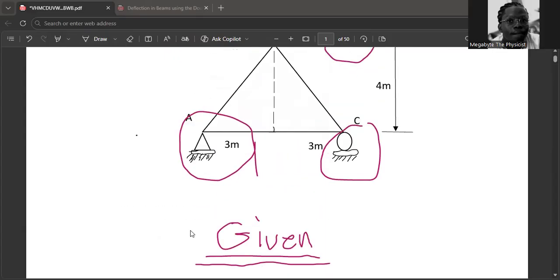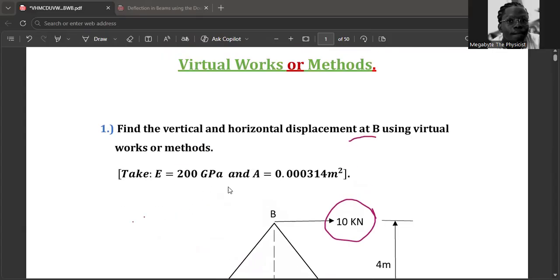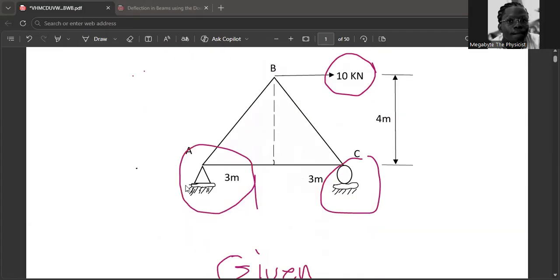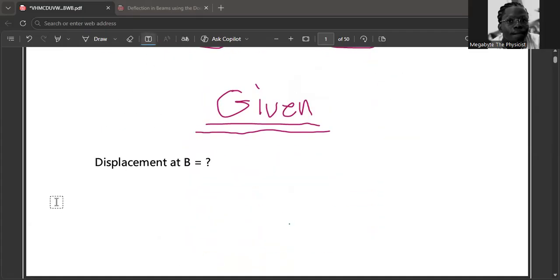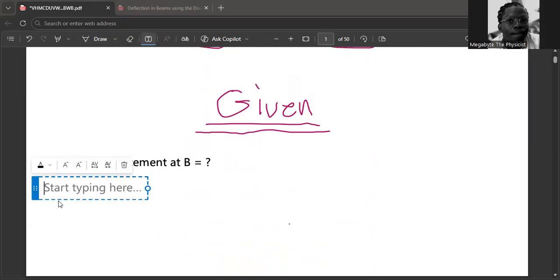Also, our elasticity is given to us as 200 gigapascal. So let's put down our elasticity.